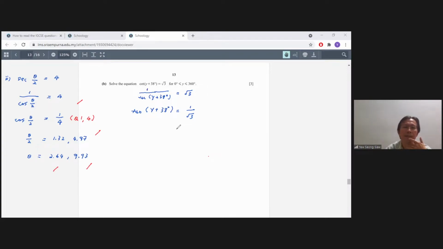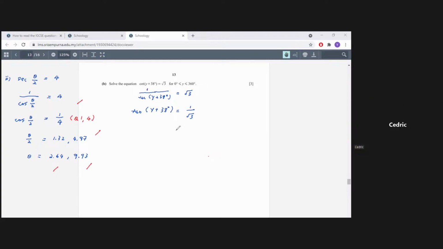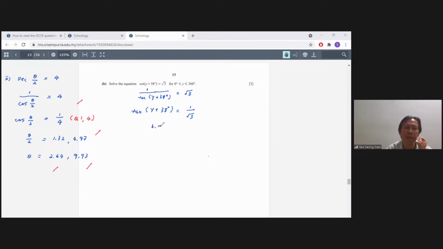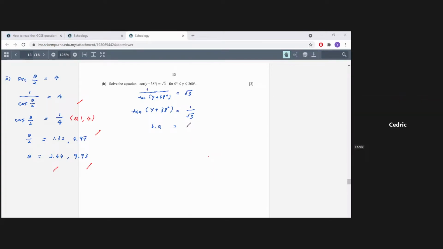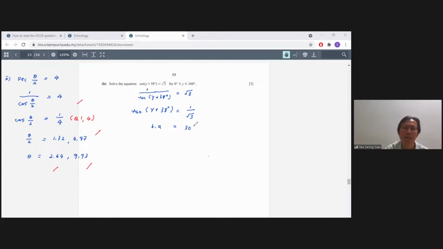Next. And then you bring the tan over to get the basic angle. Can you give me the basic angle? Use your calculator. It's 30 degrees. Okay, then you change to the actual. Quadrant what?